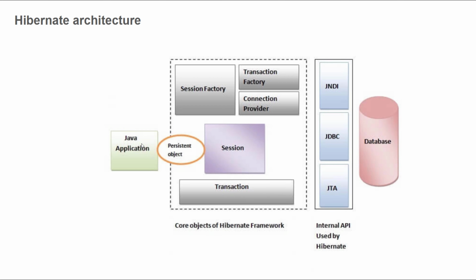And the Java application will work with Hibernate via the persistent object, right? In the previous video, we had the user. The user class is a persistent object. And going deeper, we have JDBC and some libraries like JNDI, JTA. These libraries help Hibernate work with different types of databases. JDBC is the library for working with SQL.